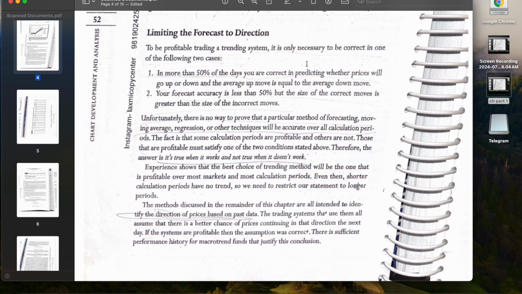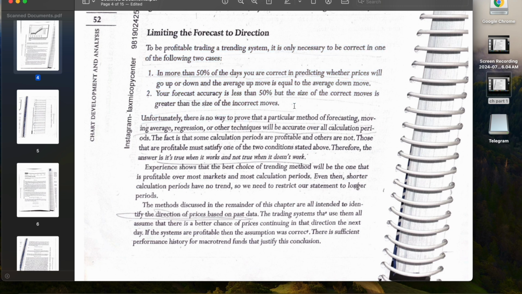In more than 50% of the days, you are correct in predicting whether the prices will go up or down, and the average up move is equal to the average down move. So predicting the direction has always been the most important thing, especially for technical analysis traders. Or your forecast accuracy is less than 50%, but the size of the correct moves is greater than the size of the incorrect moves. So these are the two cases.